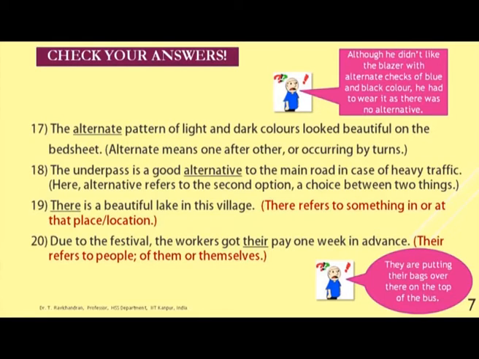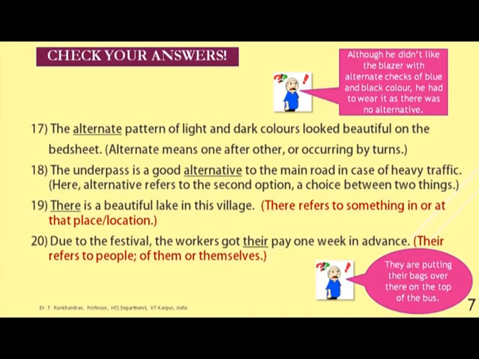19, there is a beautiful lake in this village. So, this is a common error committed between THERE and THEIR. Mostly in writing this is very much evident, because while speaking they sound similar. In writing people confuse these two words. So, there is a beautiful lake in the village, as given in the example.